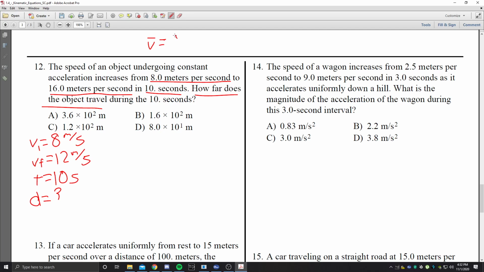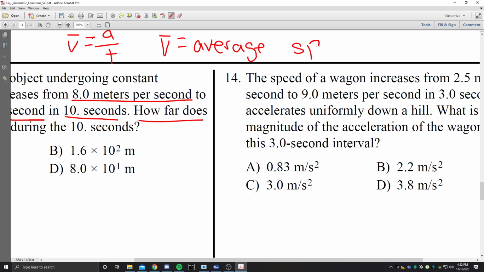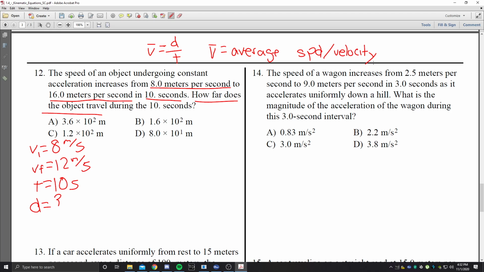Now you're going to use this formula. V bar is equal to D over T. And you know that V bar is equal to average speed or velocity. And so, how do we get the average of two numbers?